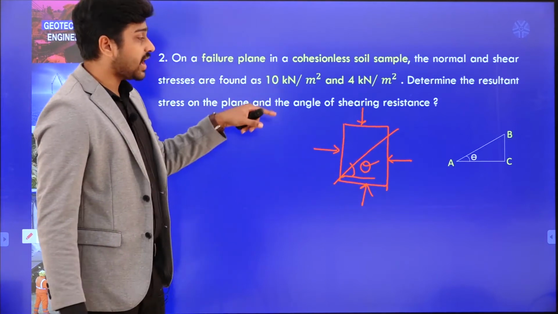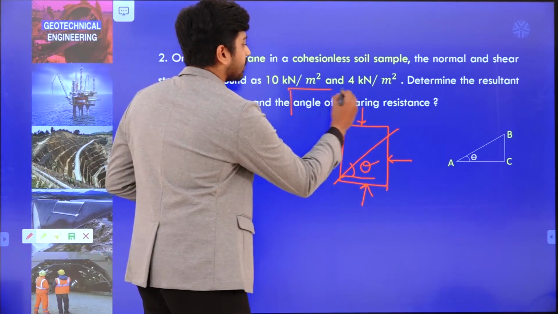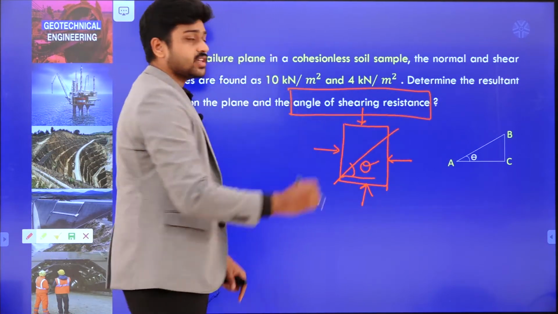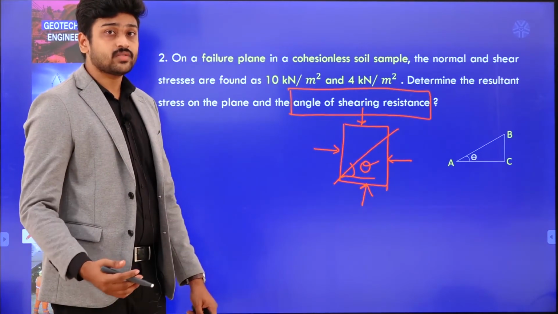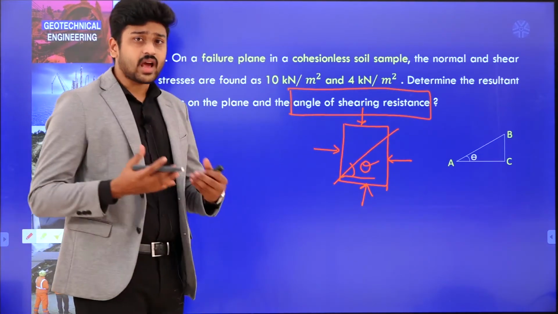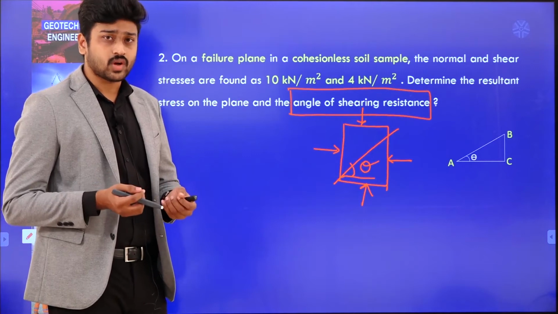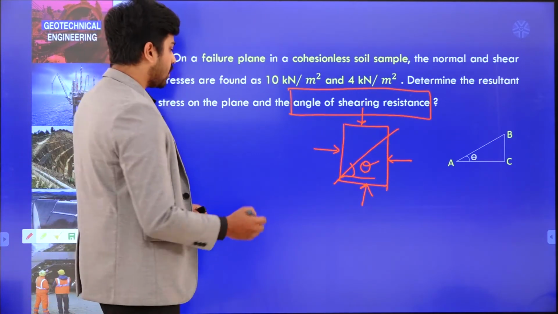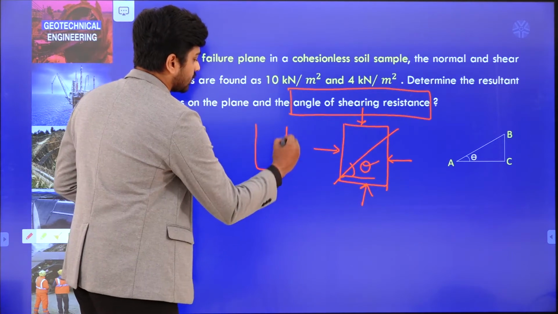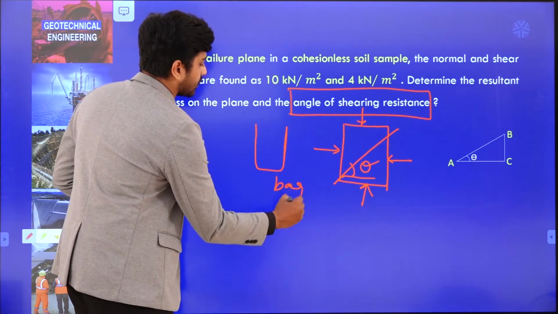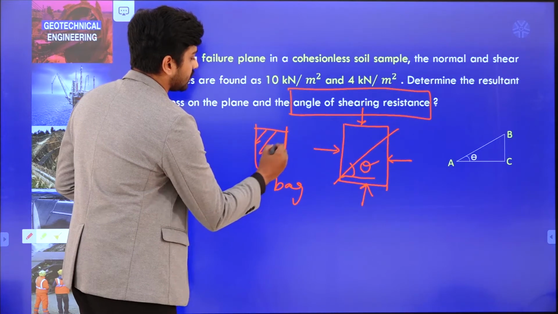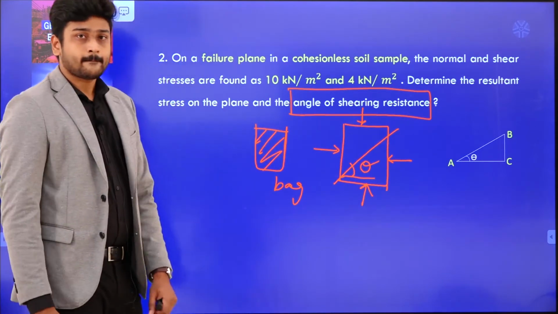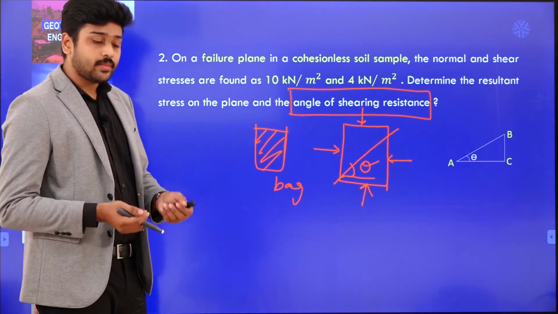Coming to the angle of shearing resistance, what do we mean by it? Let us consider I have a particular amount of soil. Take for example, I have sand. I have a bag of soil, and I am trying to dump it.